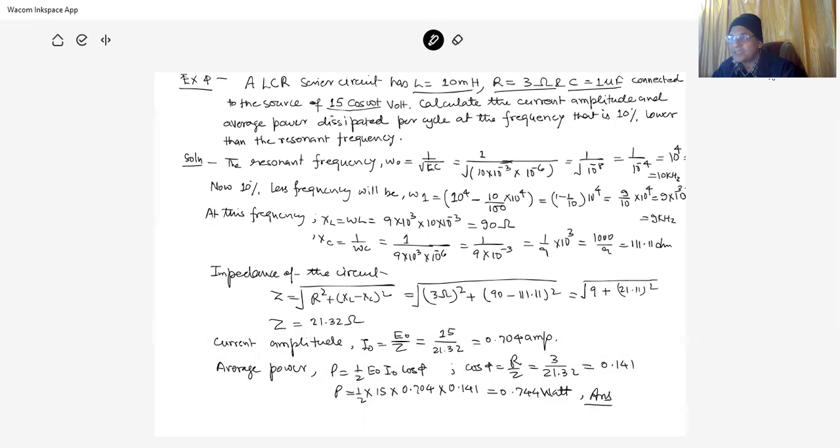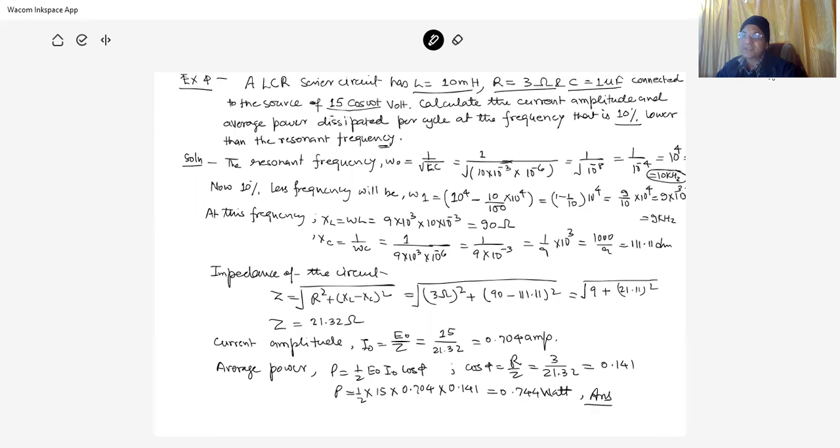Calculate the current amplitude and average power dissipated per cycle at the frequency that is 10% lower than the resonance frequency. Mind it, the resonance frequency omega 0 is 1 upon under root LC. So that we have to solve, and it is 10 kilohertz.